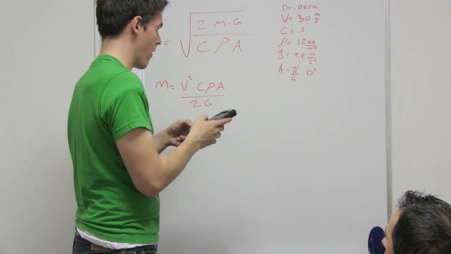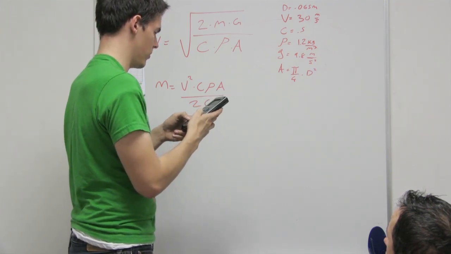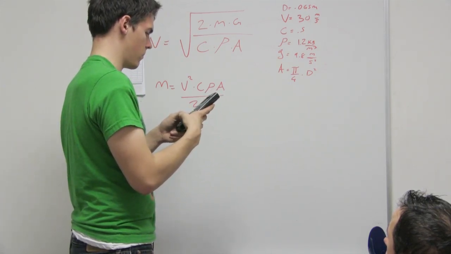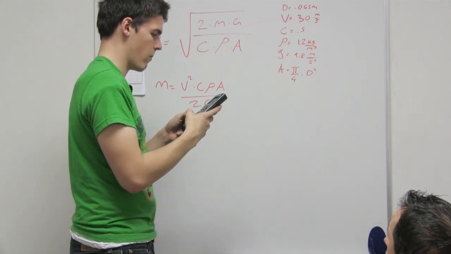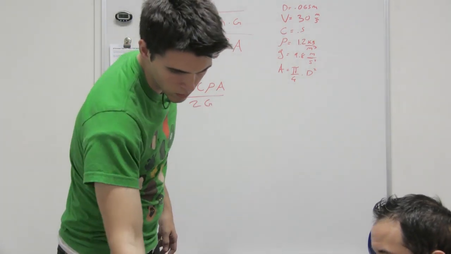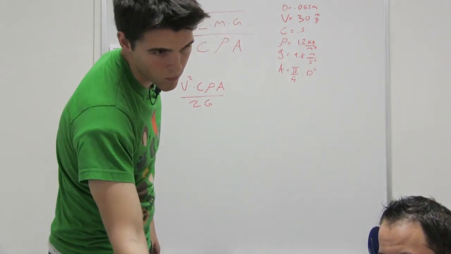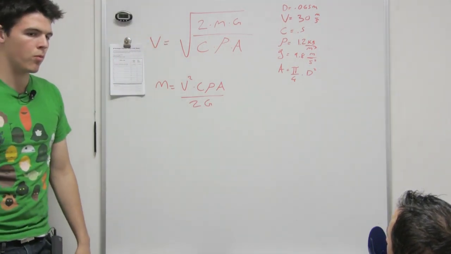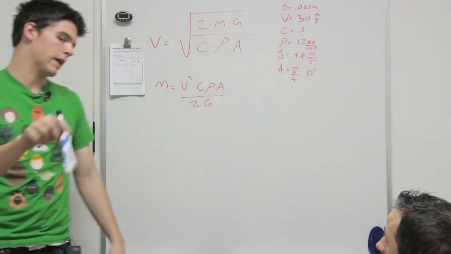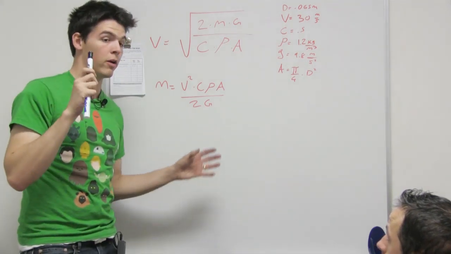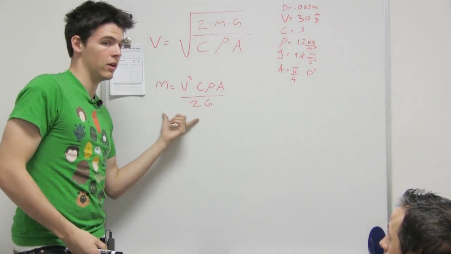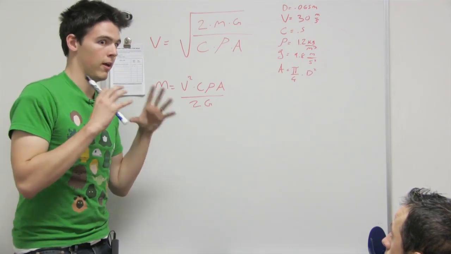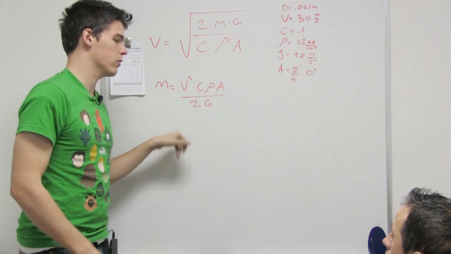Divided by 4 times 0.065 squared, divided by 2 times 9.8. I got the mass is 0.091 kilograms. With this calculator, if you put it in and hit enter, it'll show you everything. So it's better to put it all in as one chunk than do it as separate pieces, because then it shows you the actual fraction and you can see if there are any errors.